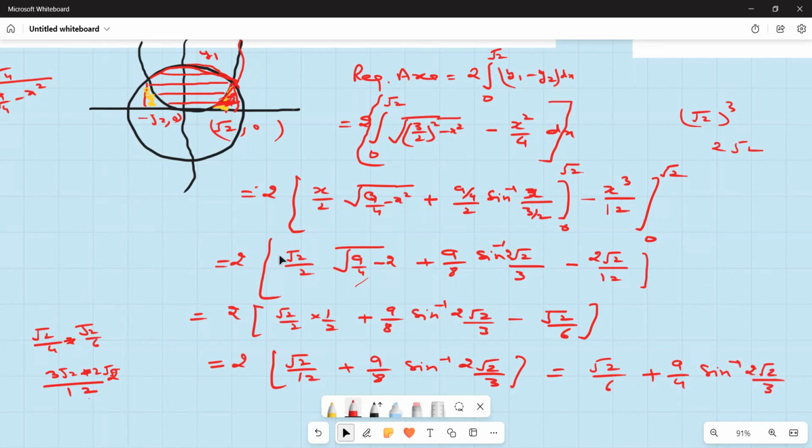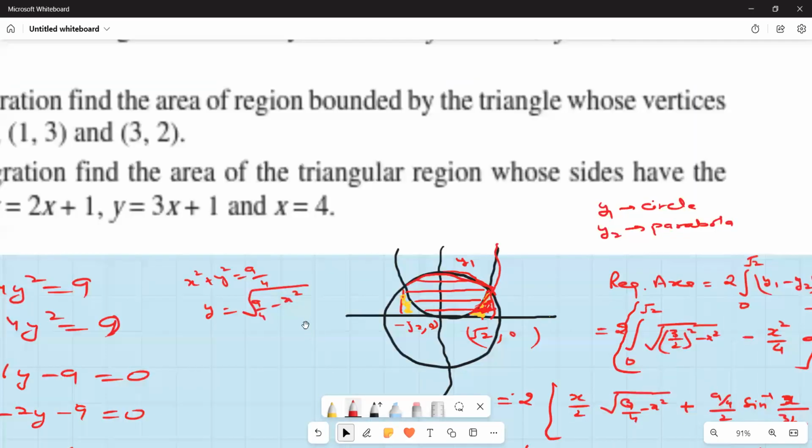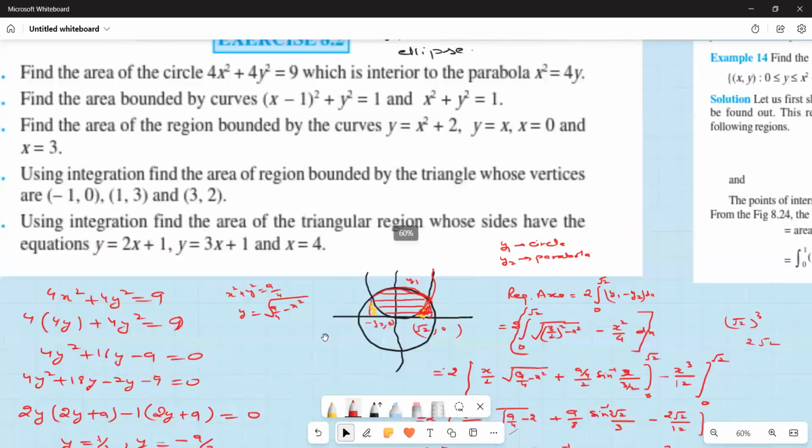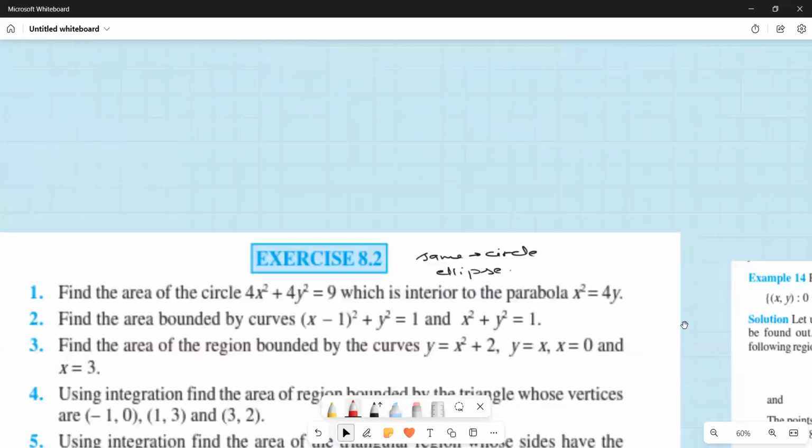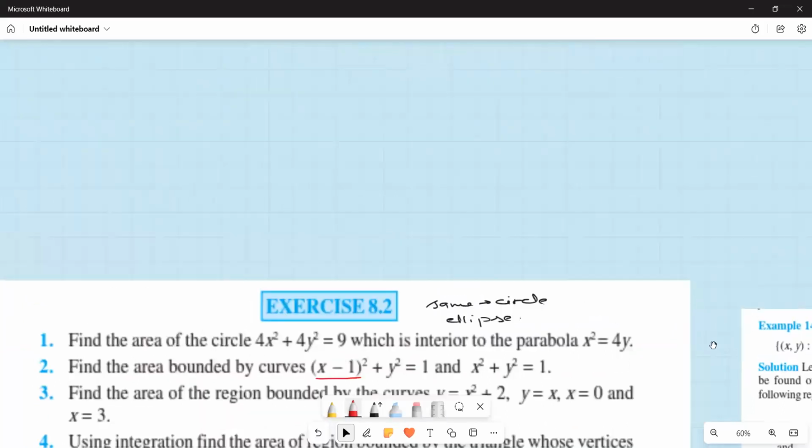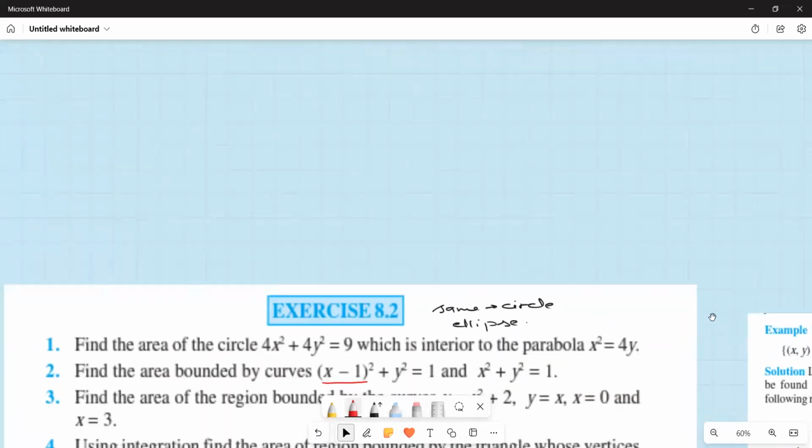So next question is area bounded by the curve. These are the two circles only. But as this one has center 1, 0, this will shift. 1, 0 is the center of the first circle and another one is the origin.